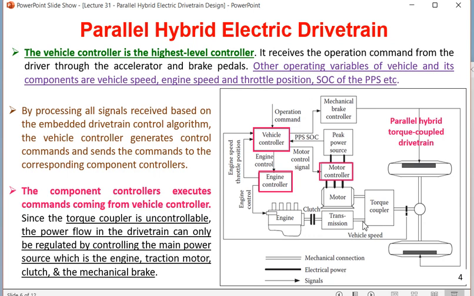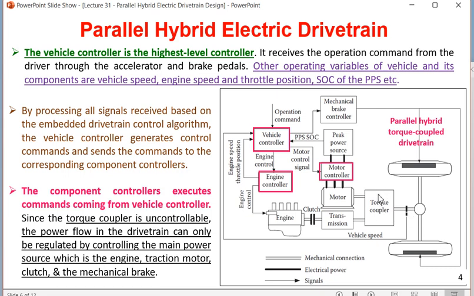Since the torque coupler is uncontrollable, the power flow in the drivetrain can only be regulated by controlling the main power source, which is the engine, the traction motor, the clutch and the mechanical brake. So what they want to say is, after the torque coupler there is not much to control.